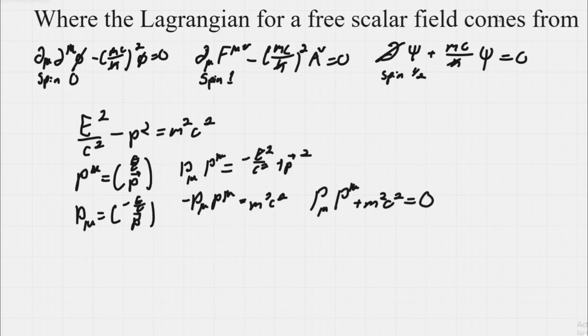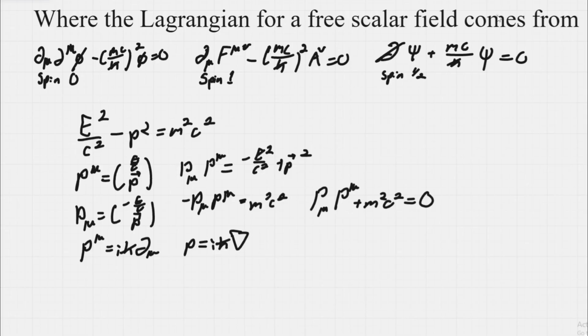Now, let's construct this four-momentum in terms that should be familiar. If we let this equal i h bar times the derivative, this mirrors the quantum mechanical version of the momentum operator, which is just i h bar del.